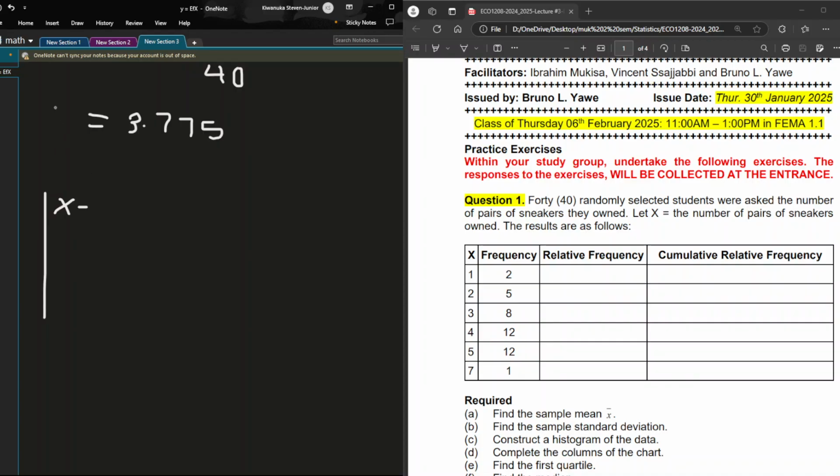Remember, this x bar is our mean. Then another column, this squared: x minus x bar squared.